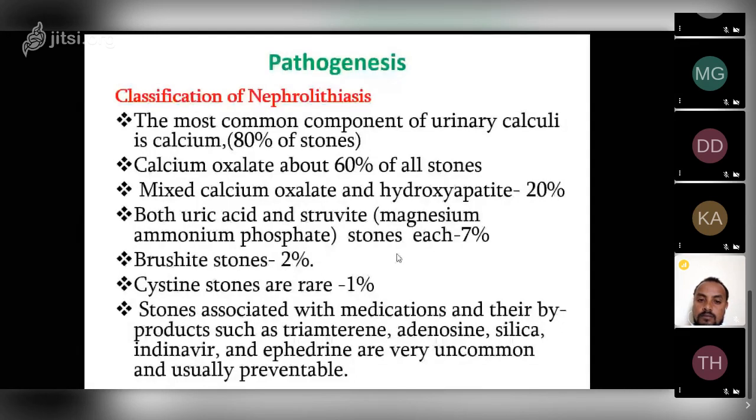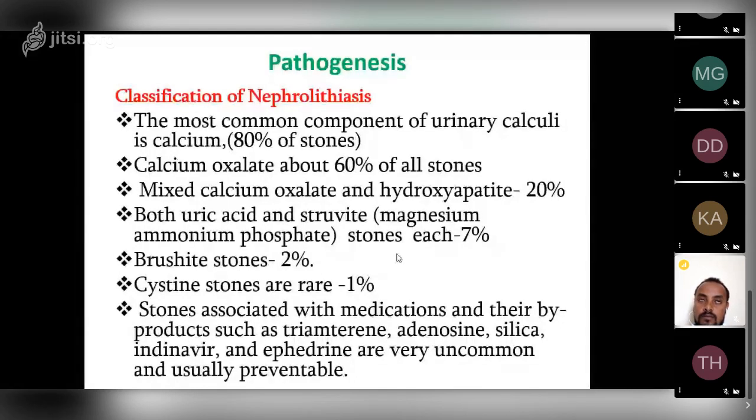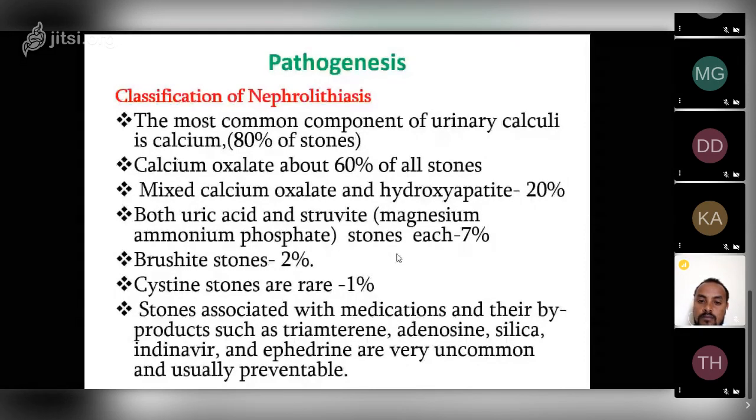Mixed calcium oxalate and hydroxyapatite is 20%. Both uric acid and struvite, or magnesium ammonium phosphate, stones each make up 7%, brushite stones 2%, and cystine stones are rare, about 1%.